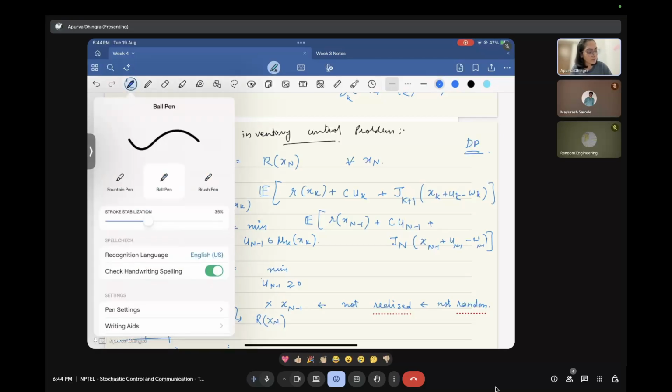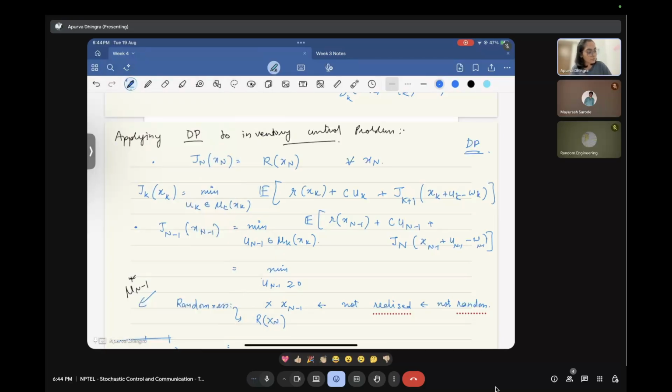Now here, the thing to notice carefully is this particular term, the first term that we have in our expectation.